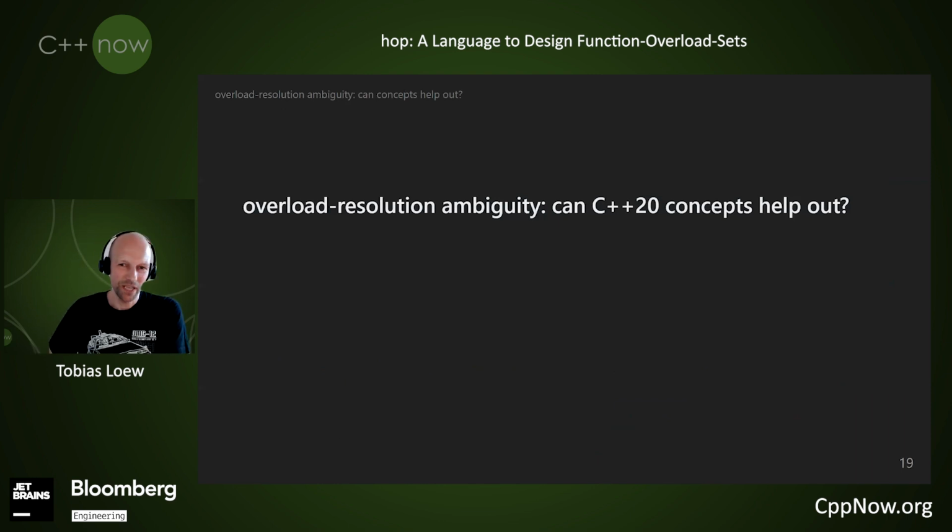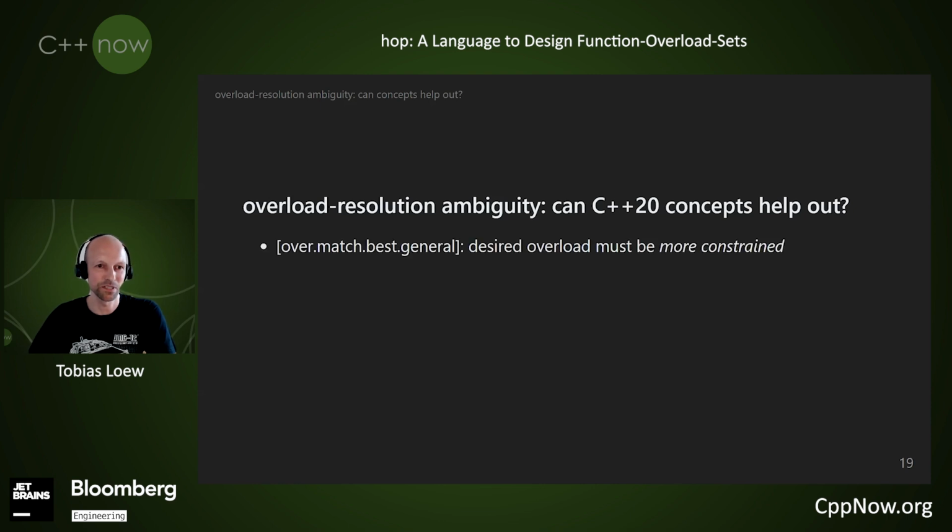Okay, so now we've got C++20, and we can ask ourselves, can concepts help us out? When we look into the standard, we see that if we want to specify that the compiler selects a special overload by concept, then that overload must be more constrained with respect to the concepts used or the atomic constraints.